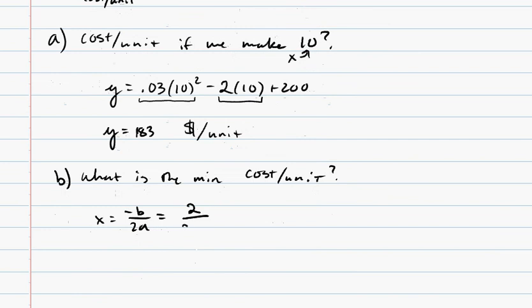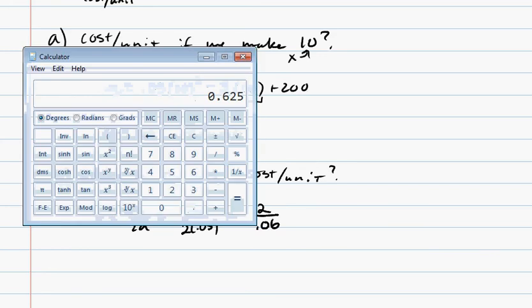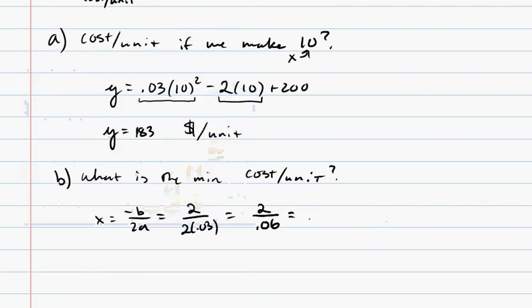So that'd be 2 times 0.03. So this really would be 2 over 0.06. If we go to our calculator, 2 divided by 0.06, that gives us 33.33333, or 33 and 0.3 repeating. So if we make about 33 units, that's going to minimize our cost per unit.